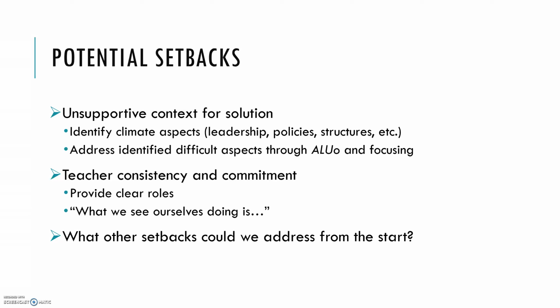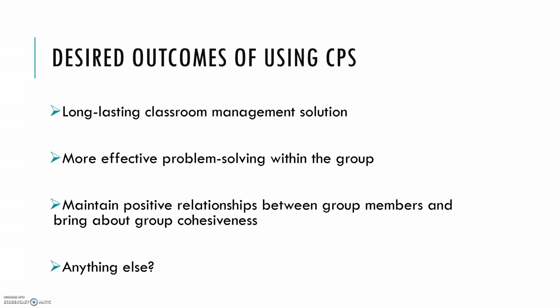Teacher consistency and commitment, we really want to make sure that everyone is committed. A couple of ways that we can do this when we are coming up with our solution is to provide clear roles for each teacher and to also say things like, what we see ourselves doing is this, so that everyone knows that they play a part in solving this problem. And there could be other setbacks that we can address later as well.